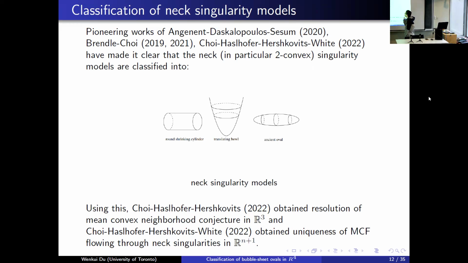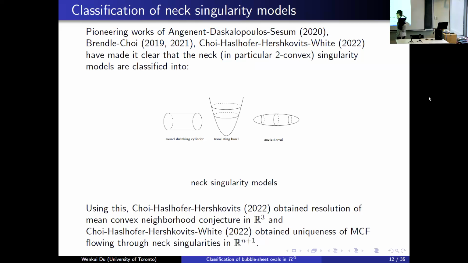By pioneering works of Angenent, Daskalopoulos, and Sesum, and Brendle and Choi, and Choi, Haslhofer, Hershkovits, and White, they have made it clear that the next type of singularity is classified into the round shrinking cylinder, the translating bowl soliton, and also the Ancient Oval solutions.